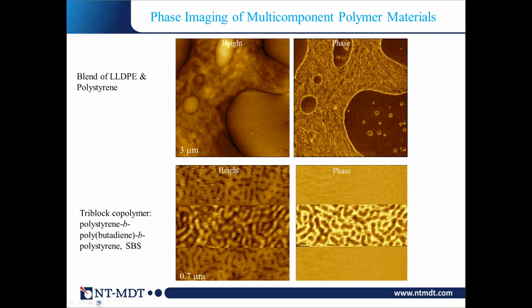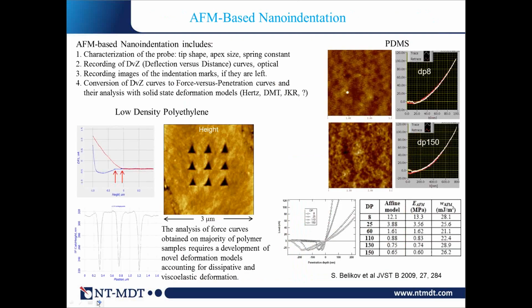Now we can go further, because so far we have been talking about qualitative compositional mapping, when we see different components by the differences of their local properties, which is a combination of mechanical and adhesion properties, but how do we extract numbers?